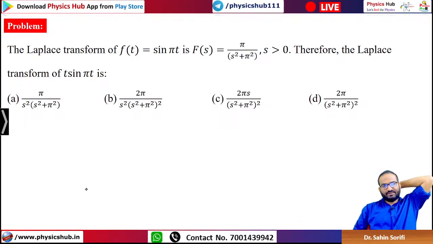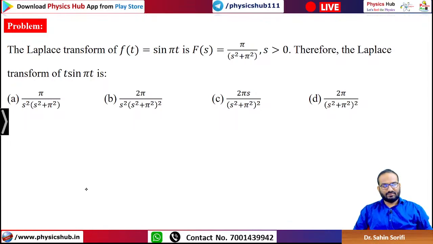A, B, C, D. Which option are you getting? Options are very close. Which formula are you using here?